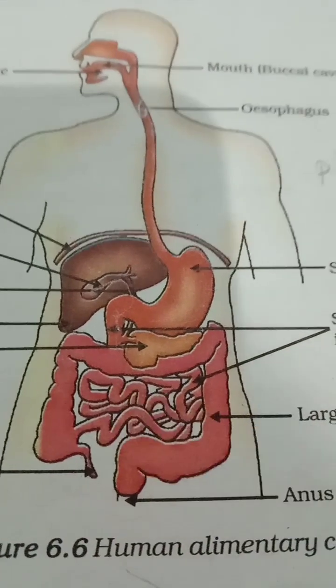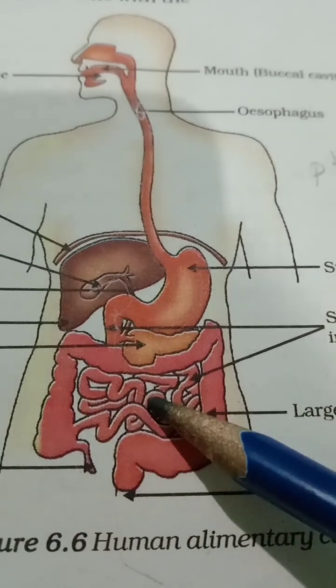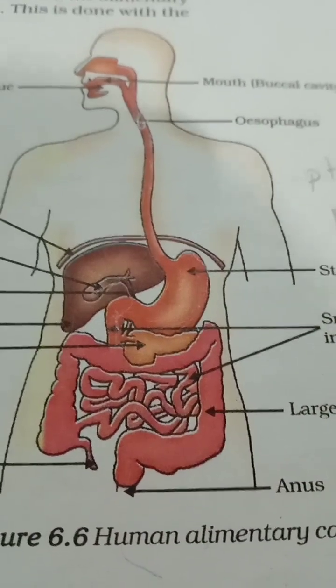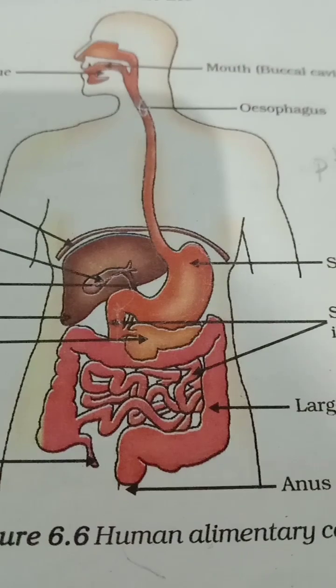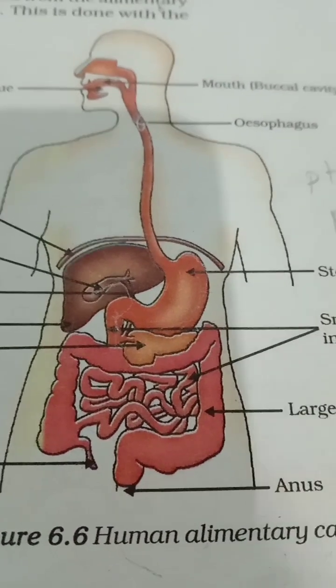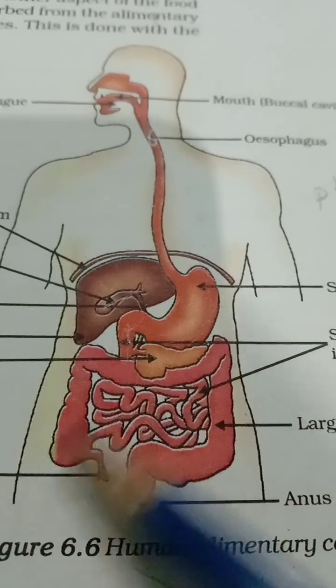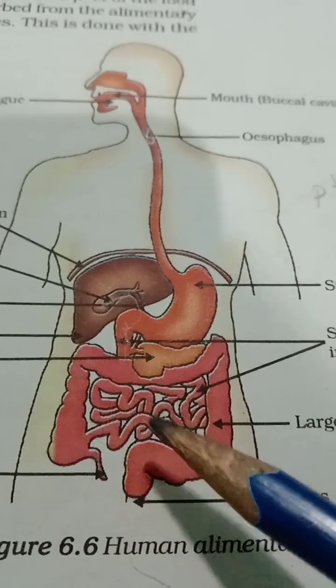And remember, the small intestine of herbivores is longer than that of carnivores. Why? Now, some of you are vegetarian, some are not. Herbivores are vegetarian, so they eat plants, and plants have a cell wall made up of cellulose.